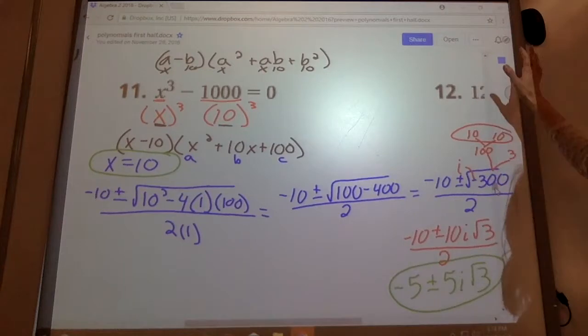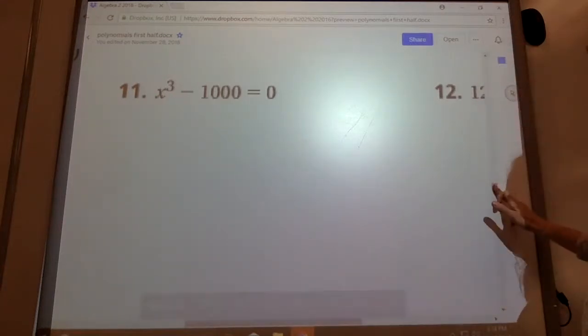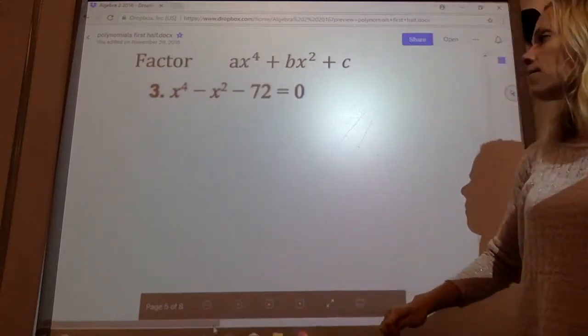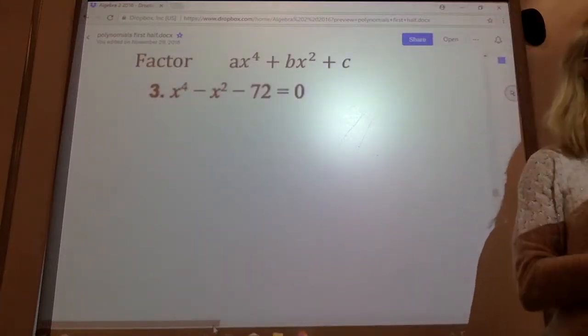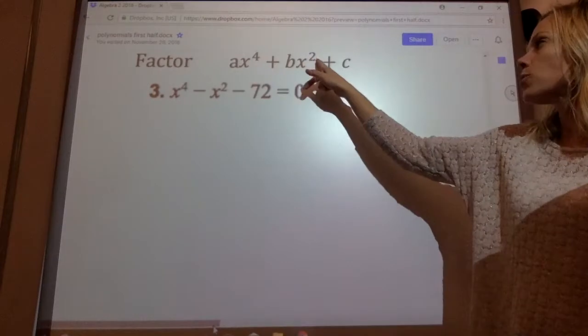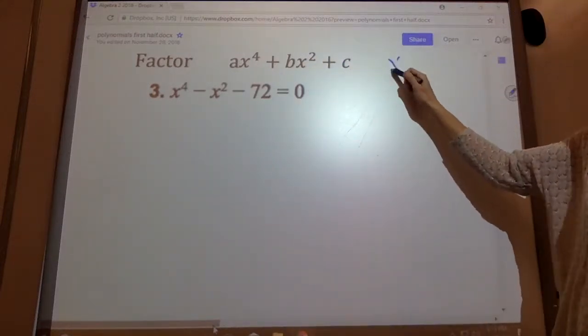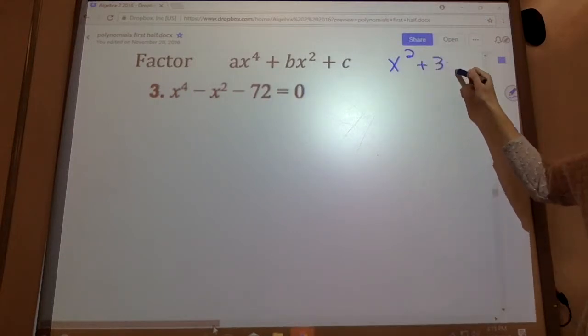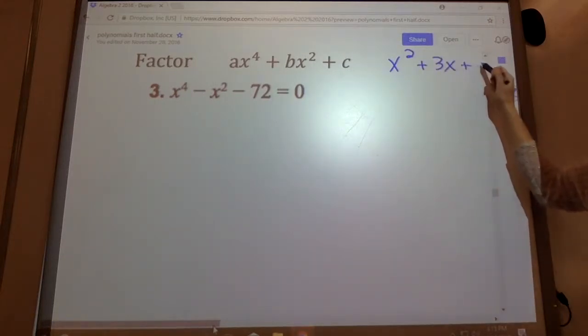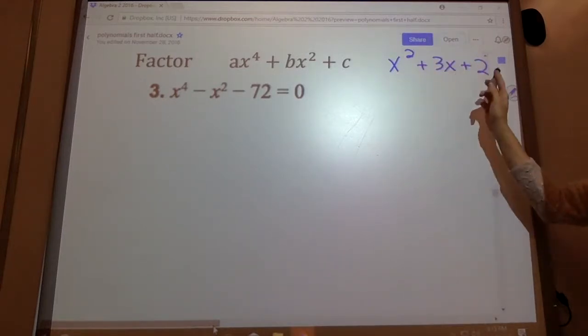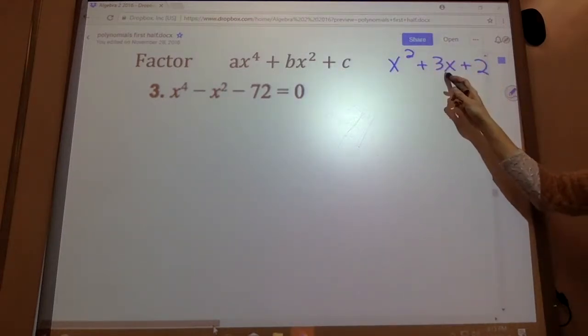The last factoring method that I'm going to show you today is not a new one. It's just recognizing that if you have a quadratic form, like x^4 + 3x^2 + 2, you can factor that the same way as if you had x^2 + 3x + 2. Think, how would I factor this quadratic? What would I multiply equals 2 but add equals 3?